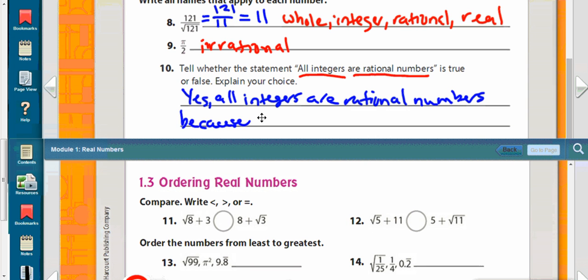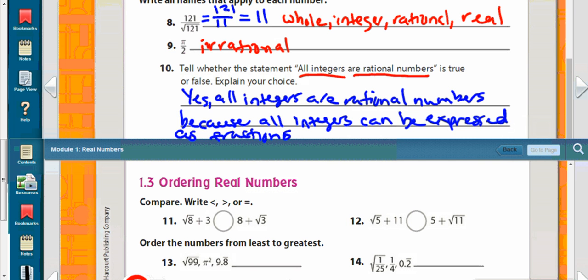So all whole numbers, because all integers, can be written as fractions. I'll say expressed as fractions. So this is just a sample of what you might get. The key is knowing the definition and being able to justify your answer based on the definitions that you know.